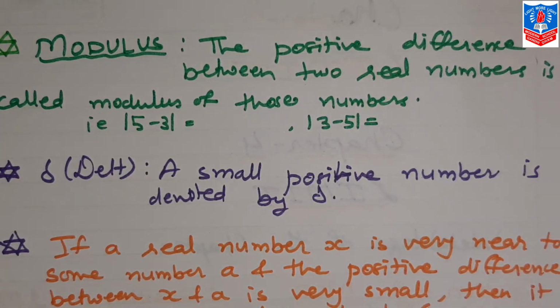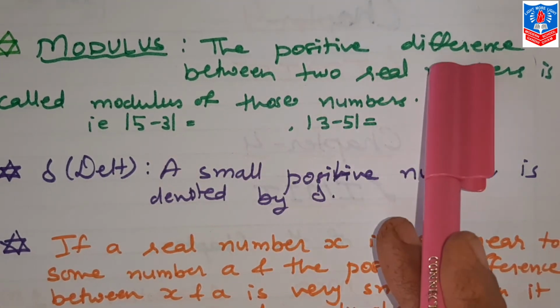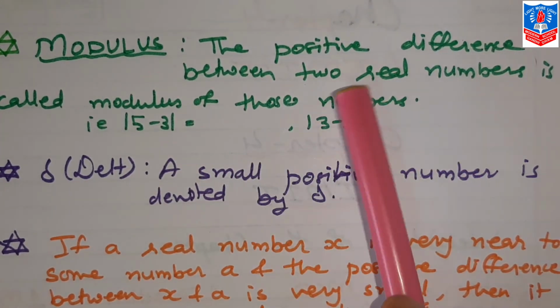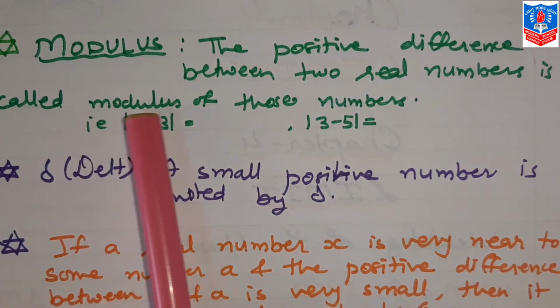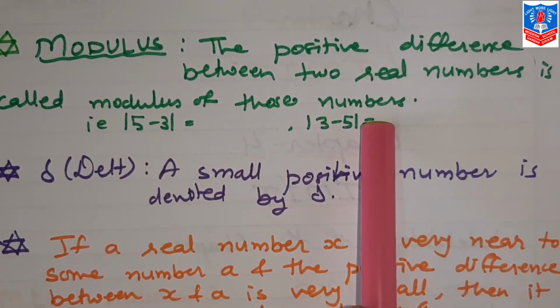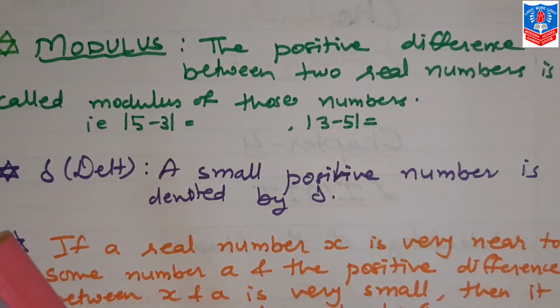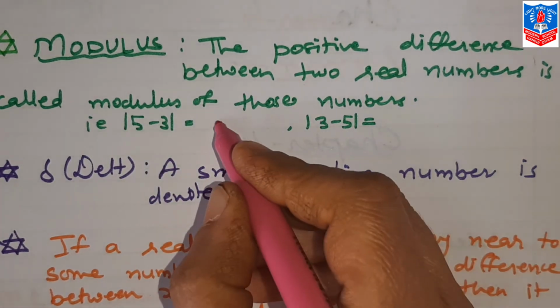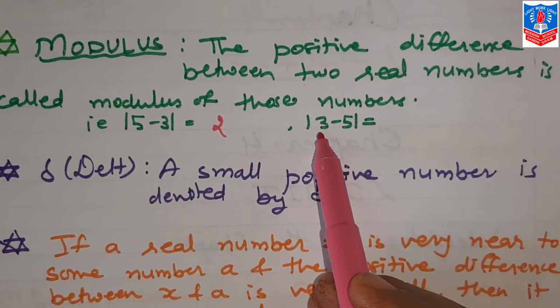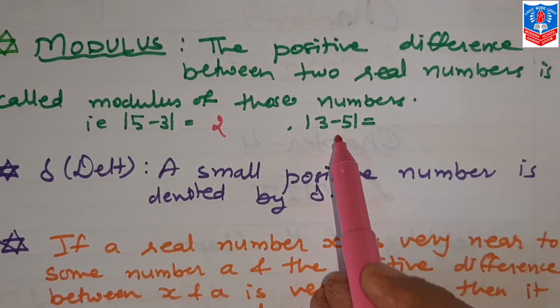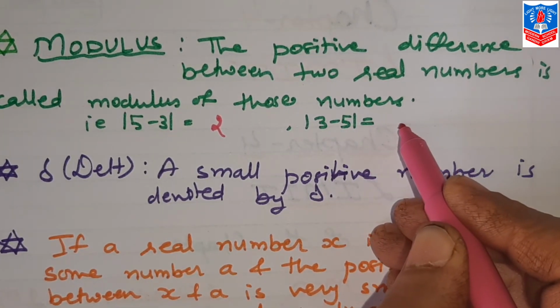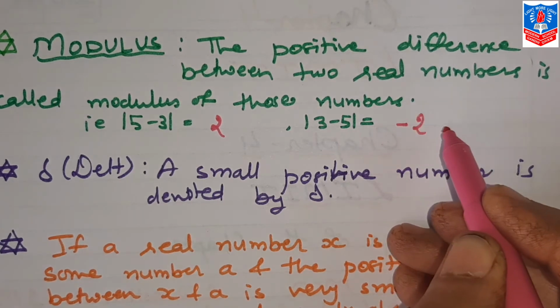The concept of modulus is useful in understanding the limit of a function. Now, modulus: the positive difference between 2 real numbers is called the modulus of those numbers. That is 5 minus 3, yes, we get 2 only. While 3 minus 5 comes to minus 2.